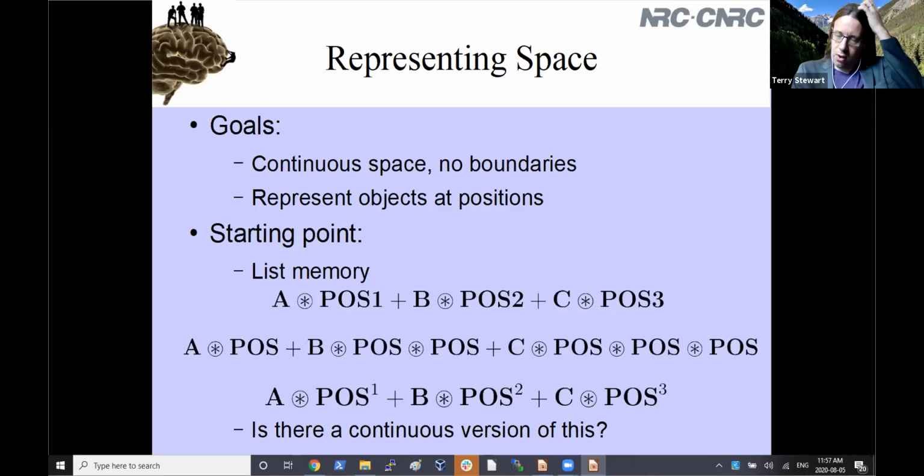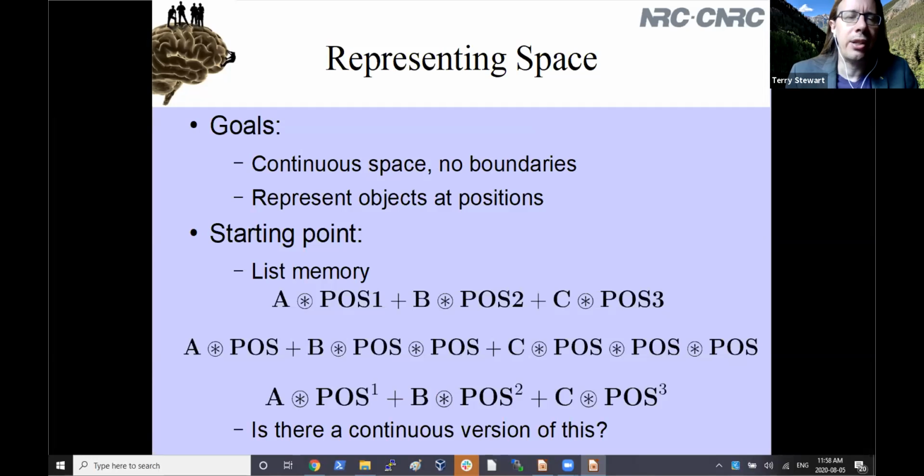All right. The point of what I'm trying to talk about right now is how do we represent space, how do we represent time. Fine, we had this way of representing a list, and that's an interesting starting point, and that's where we started from research-wise.